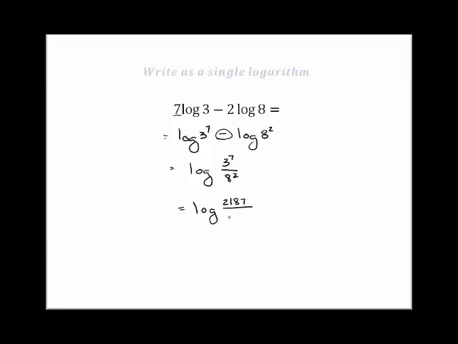And 8² is 64. So there we go. That's your answer for that problem. So remember that those numbers in front come up to be exponents. And at the same time, we add a negative sign so that we brought it down in the numerator.